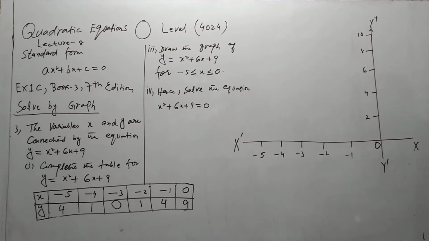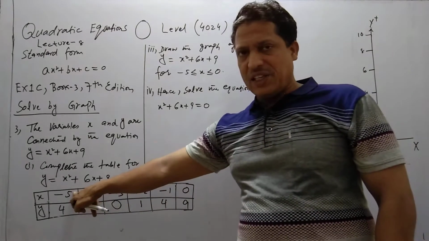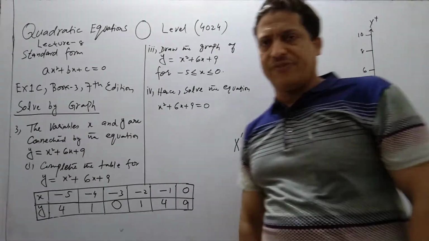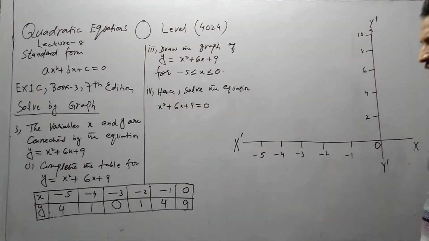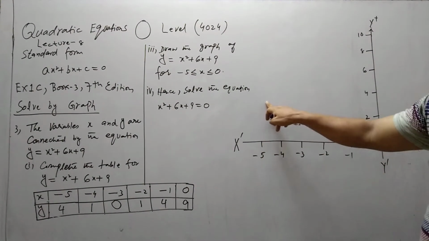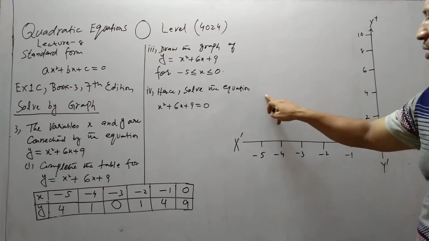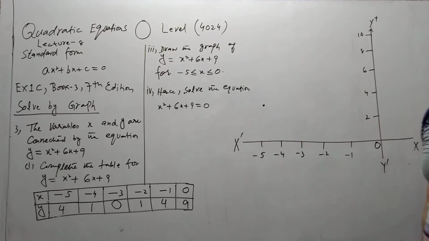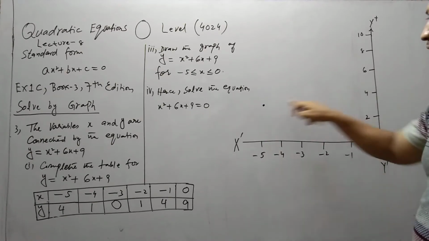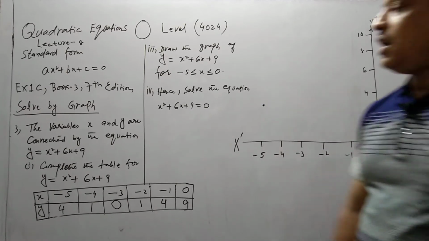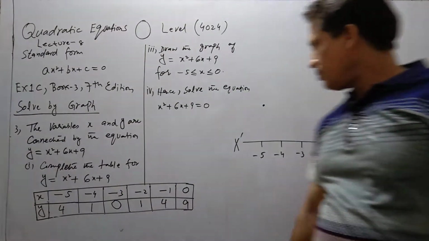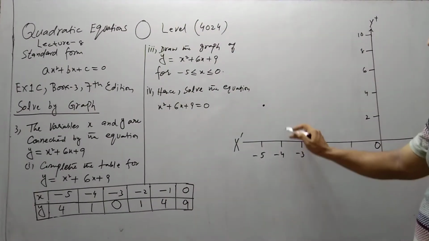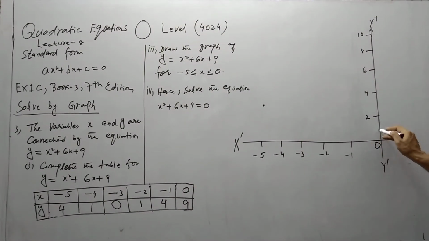Now, plot one by one. When the value of x is minus 5, the value of y is 4. See first minus 5 and see 4. So this is your first point. This is minus 5 and y 4. Second, minus 4, 1. This is minus 4 and where is 1? Between 0 and 2.